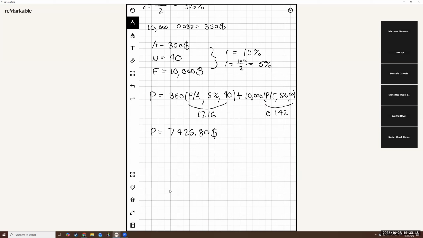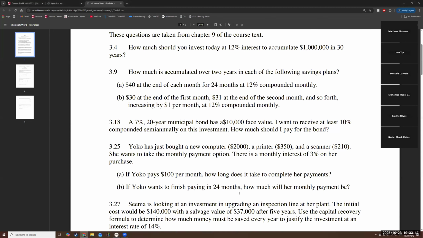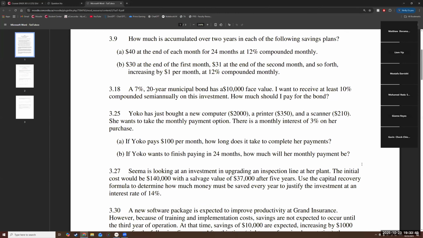Okay, and we're going to move on to the next question. Question 3.25. It says, Yoko has bought a new computer, $2,000, a printer, $350, and a scanner, $210. She wants to take the monthly payment option.